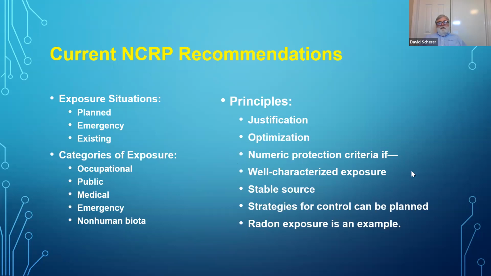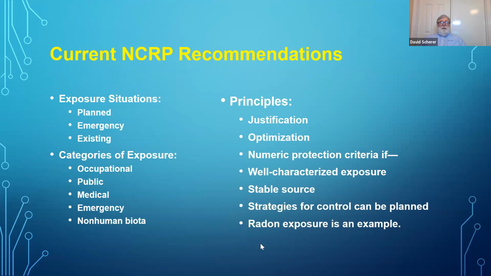And the limitation part is there are caveats in the new NCRP recommendation of when limits should apply. They should apply if an exposure is well characterized, if it's a stable source, and there are strategies for control that can be planned.